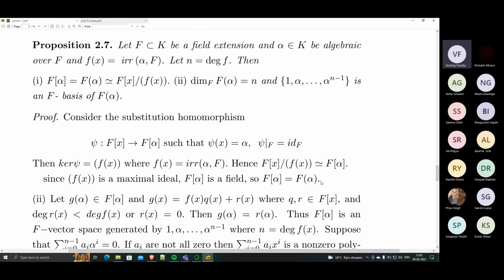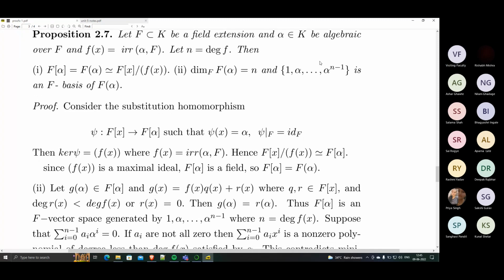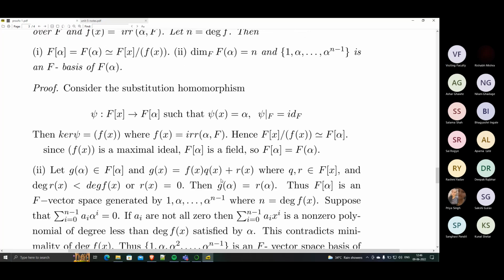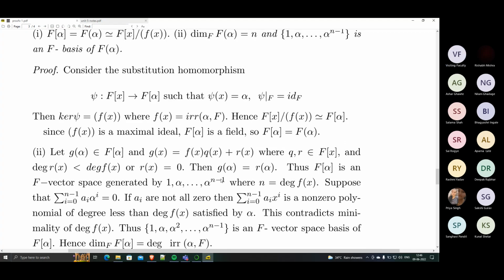Now let's go to the second part. The second part says that if n is the degree of alpha over F, then the dimension of F(alpha) over F is n itself, and 1, alpha, up to alpha raised to n minus 1 is an F basis. Okay, let's do that. So now let g(alpha) be any polynomial expression in F[alpha]. Look at the corresponding polynomial g(x).